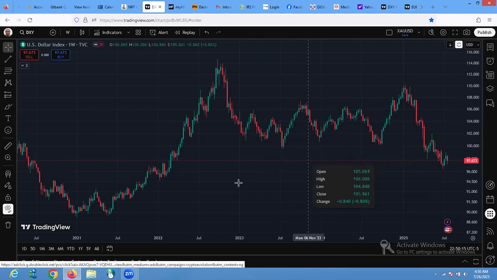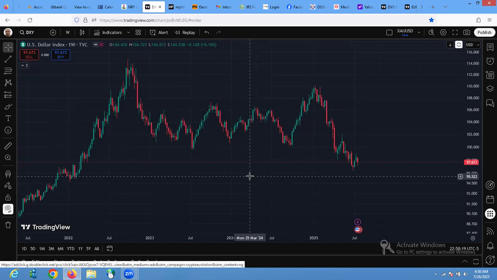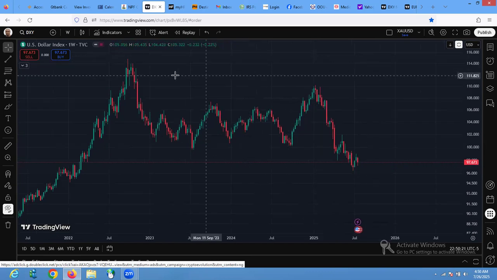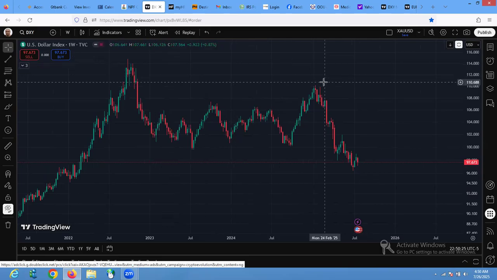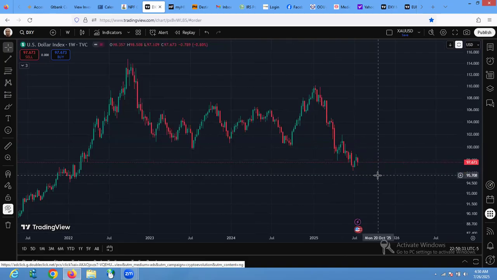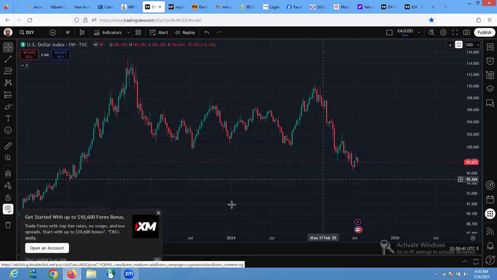So I want to drag this instrument to the middle. Now, we are still aware of this correction on the weekly time frame, and we said that we need at least a minimum of 100% extension to the downside, which we are almost at. We are not there yet, almost at it. And at that level, we'll watch for whatever reaction that we'll see.